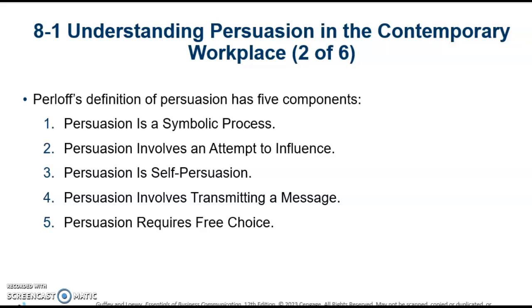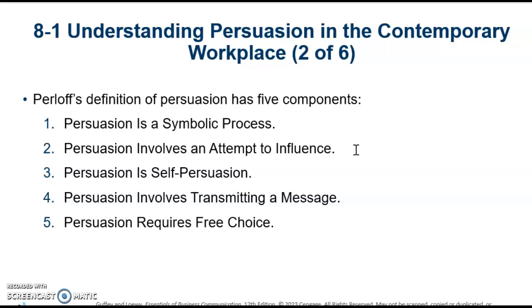Perloff's definition of persuasion has 5 components. The first one is persuasion is a symbolic process. Words, signs, images, they can all be infused with rich meaning that can be used to persuade. Persuasion involves an attempt to influence.